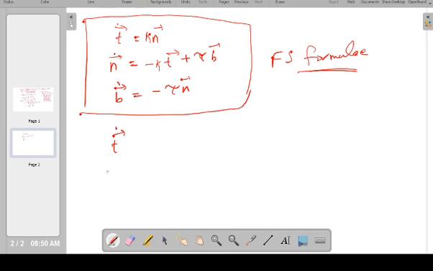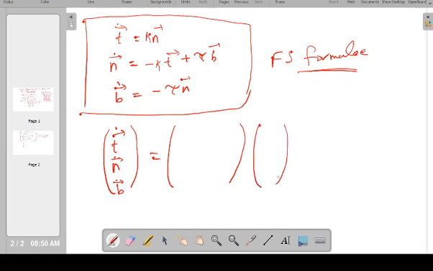T dot, n dot, B dot, this column equals a matrix times T, n and B. Write the first equation as 0T plus kappa n plus 0B.